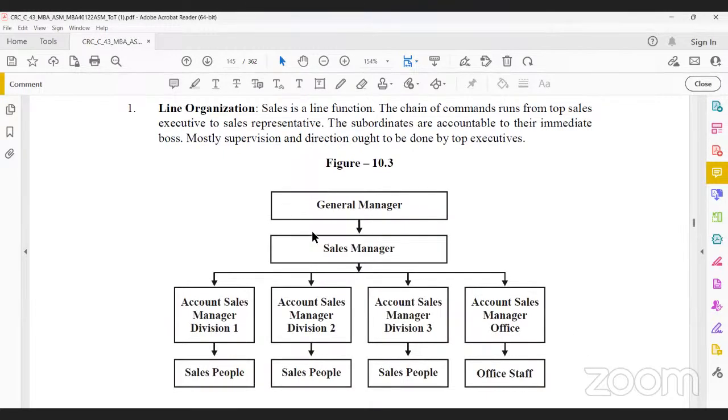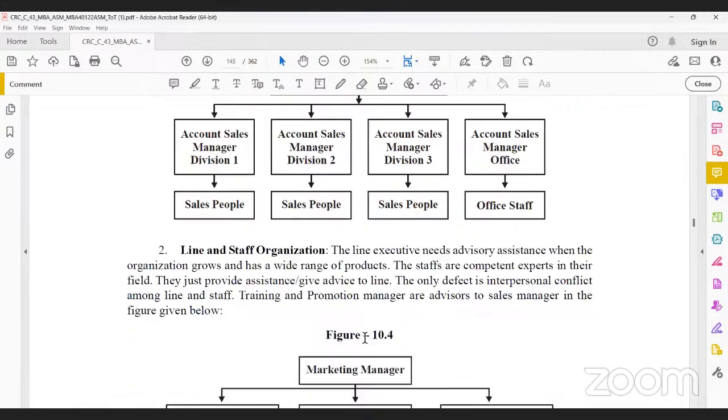At the top level is the general manager, and below that the sales management. Under the sales manager are sales manager division 1, division 2, division 3, division 4, like account sales managers, with salespeople working here.